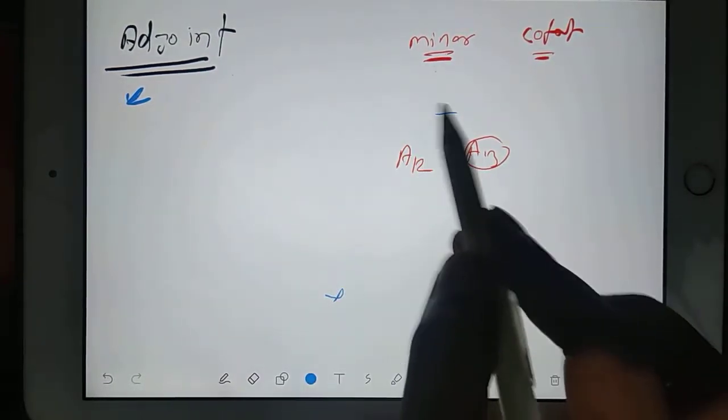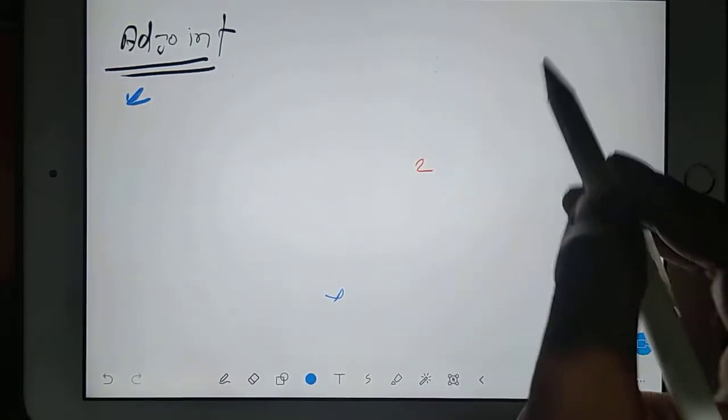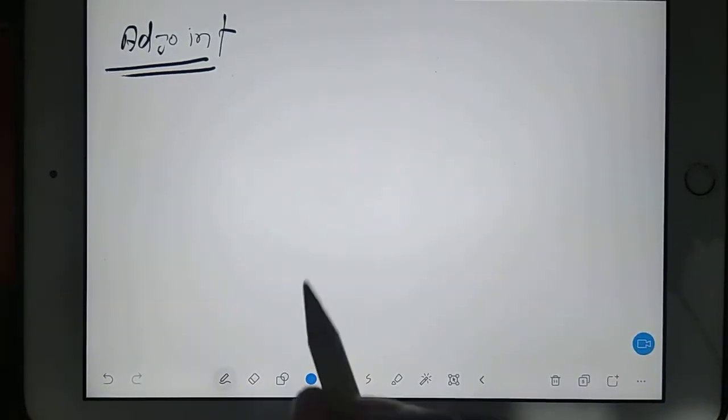So first take down the statement. I will erase this part. Take down statement.